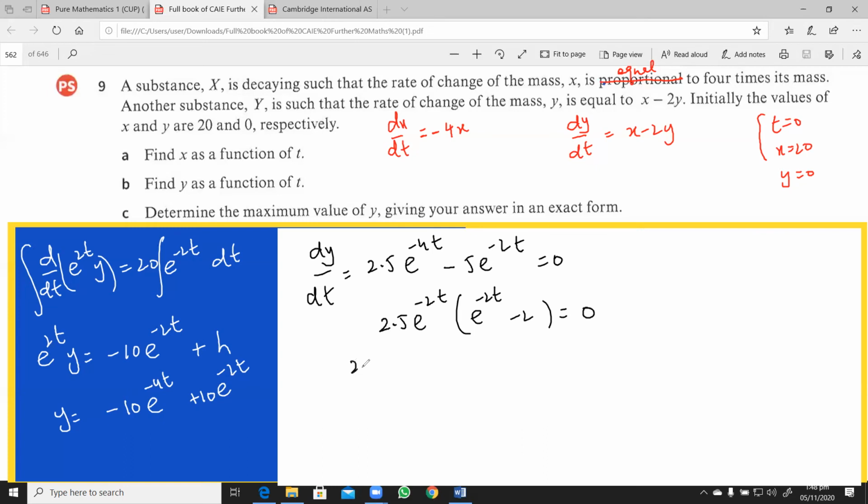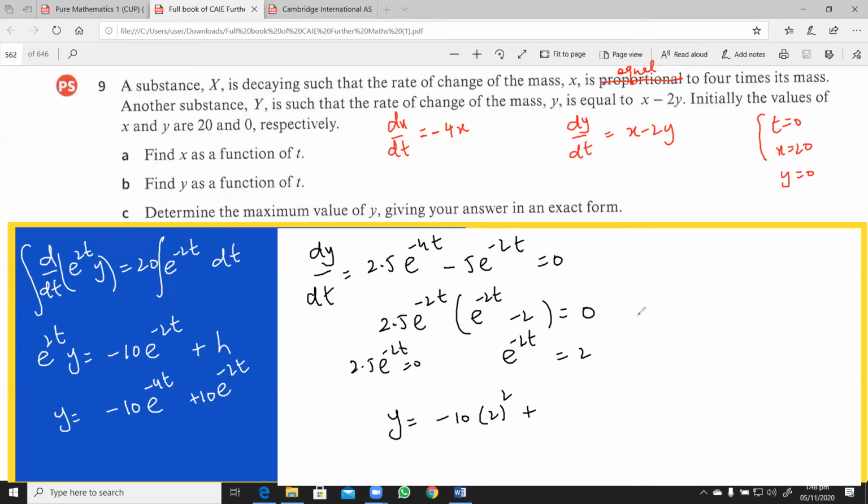So either your 2.5 e raised to power minus 2t is 0, or e raised to power minus 2t is equal to 2. Let's put this e raised to power minus 2t in this equation here. So this is going to be y is equal to minus 10 into 2 squared, plus 10 into 2. Let's find this.